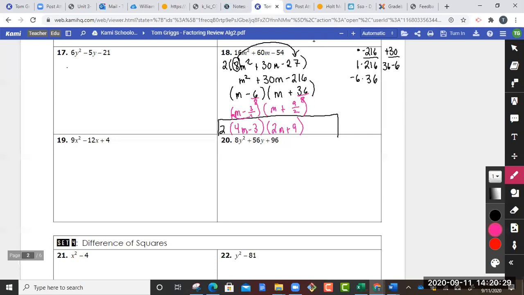So think right here, once you do this, you're looking for two numbers that multiply together to give you that, and add together to give you that. Yep, you already did it. Perfect.